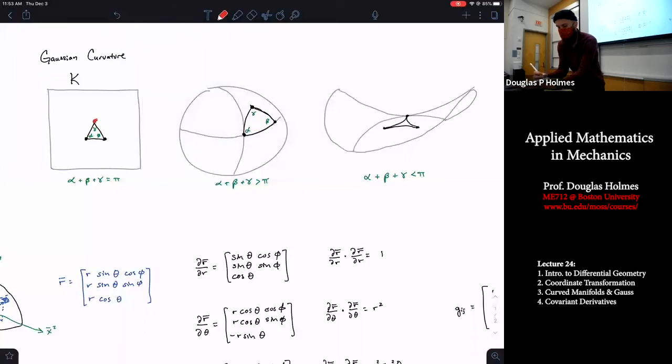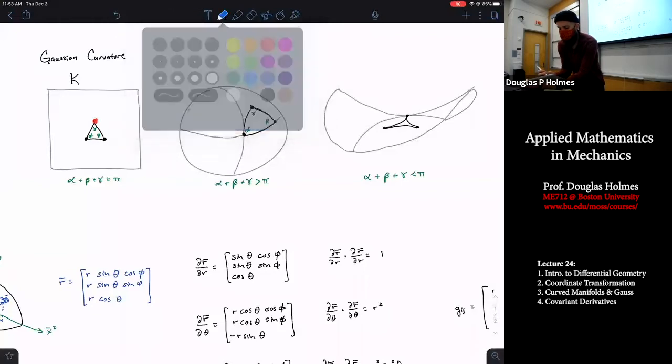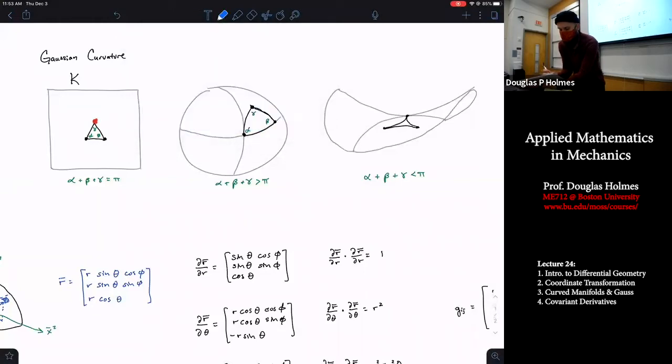The Gaussian curvature at this point would be, if I denote the principal axis on this sheet of paper, and ask how curved is that principal axis, we'll call it curvature kappa 1. That's a little k, not a big K. Kappa 1.